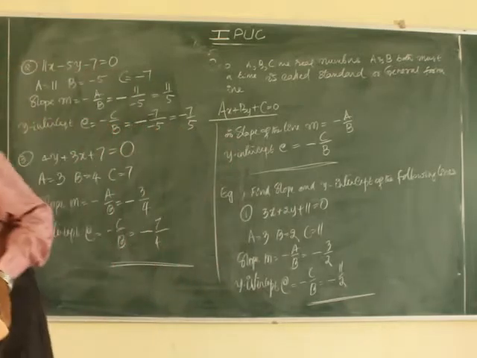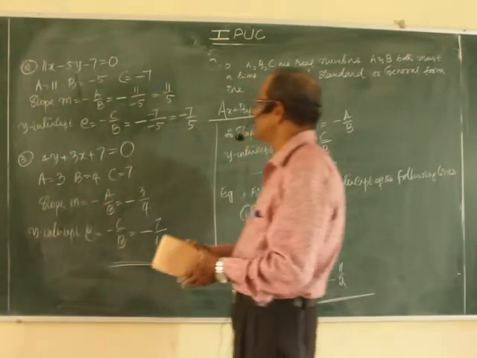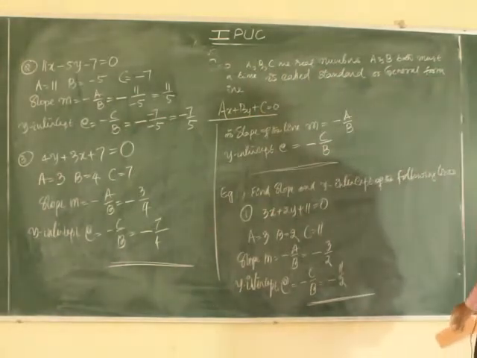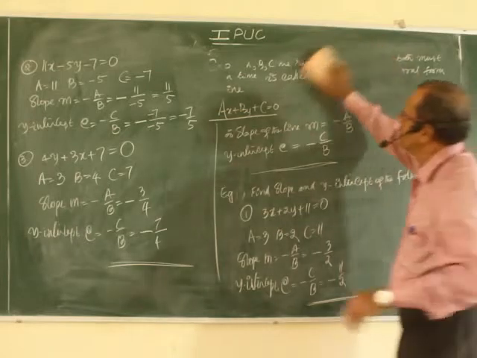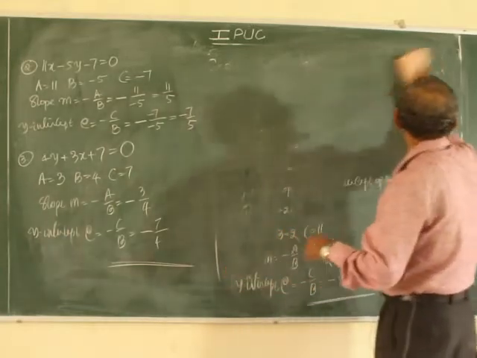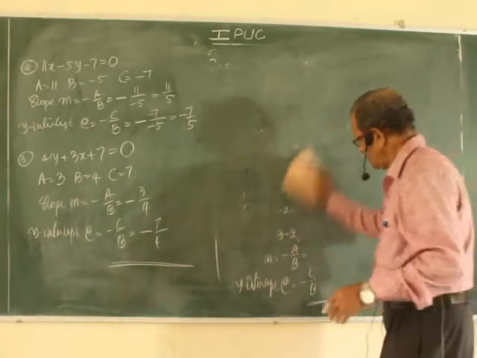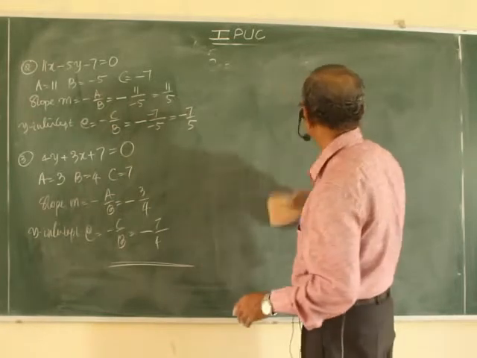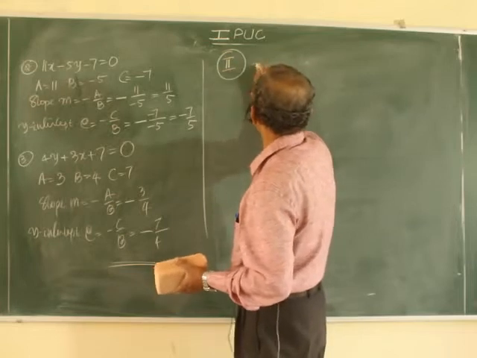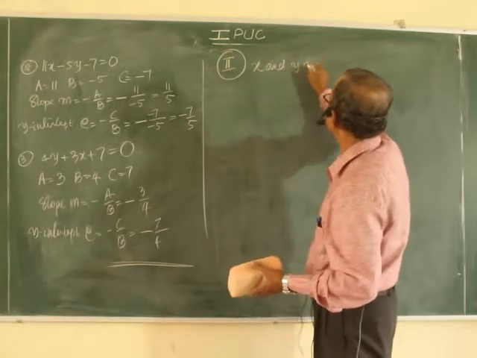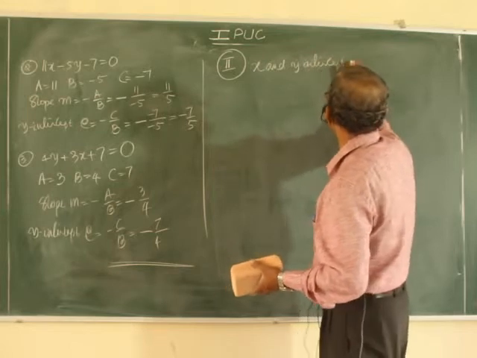Next formula. There are 10 formulas I told. Okay, the second one: X and Y intercept of the line.